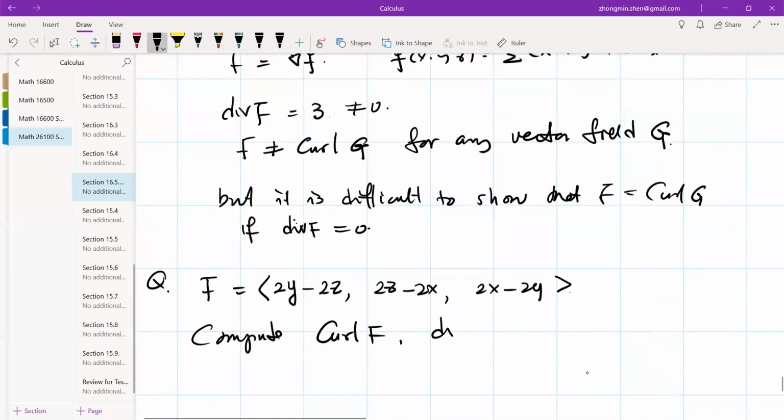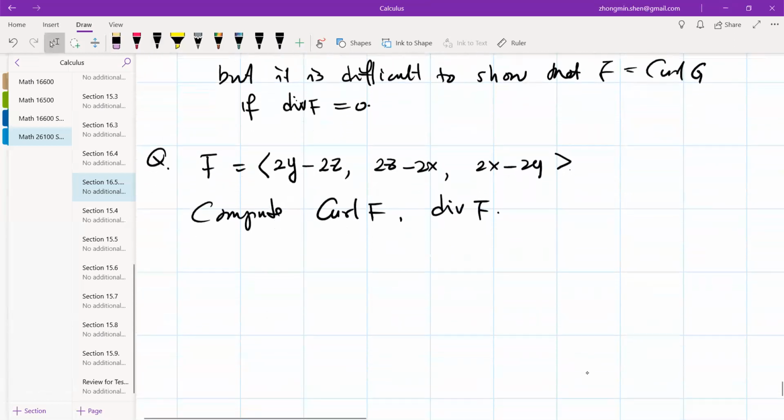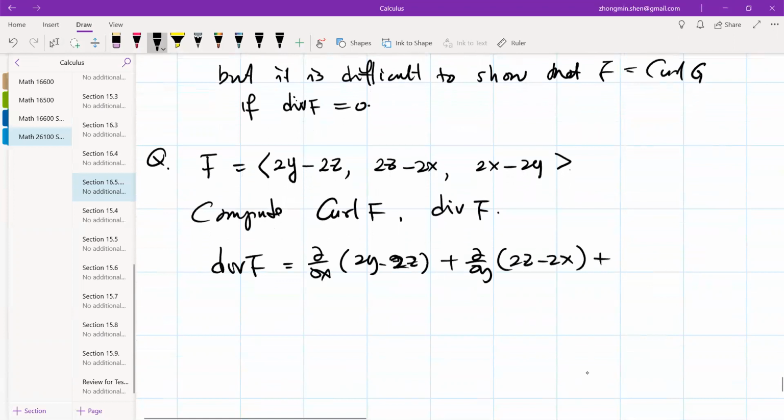The divergence of F is easy. The partial derivative of 2y minus 2z with respect to x is 0, there's no y here, there's no z here, so that's going to be 0. So the divergence is 0.